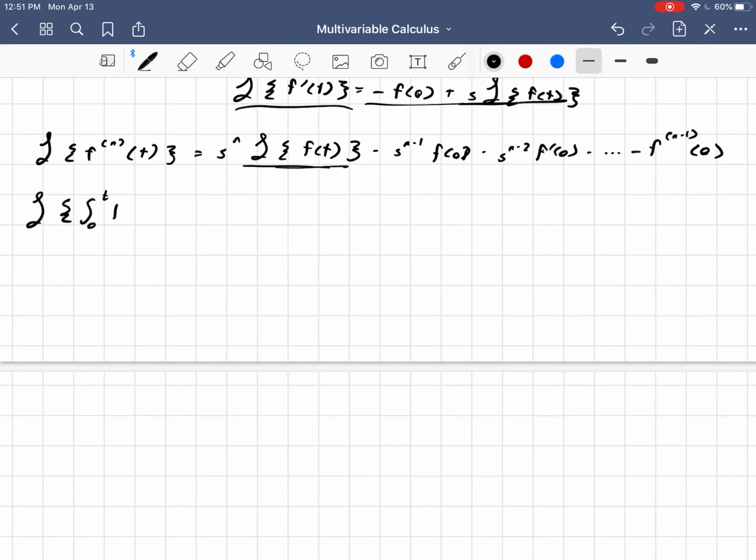Another property is if we've got the Laplace transform of an integral. Doesn't show up quite as much, but if I have, say, the integral from 0 to t of f of x dx, I'm using a dummy variable x, I'm going to let g of t, which is a function of t because t is the upper bound of that integral, be the integral from 0 to t of f of x dx.